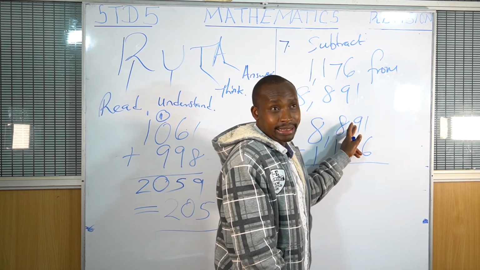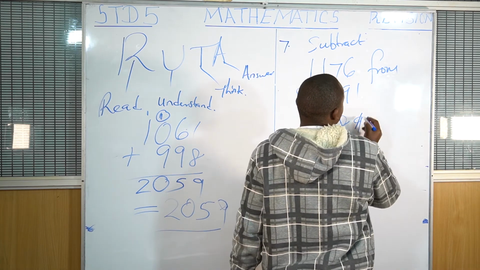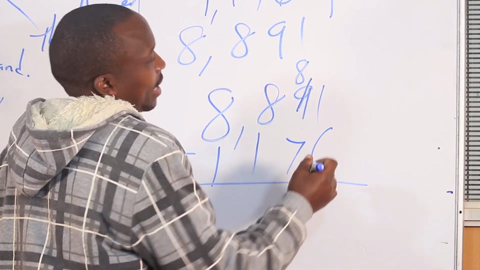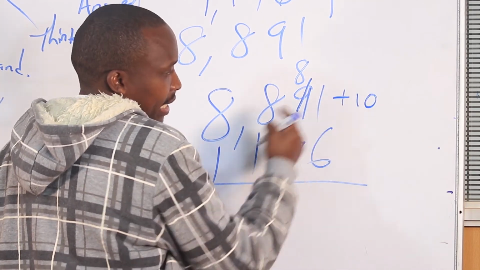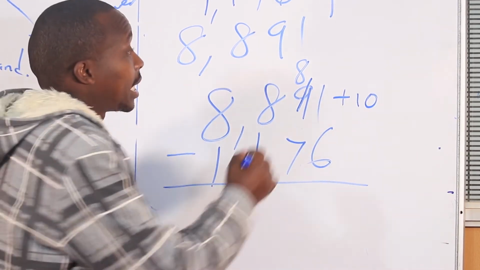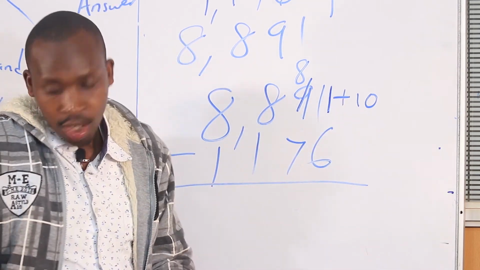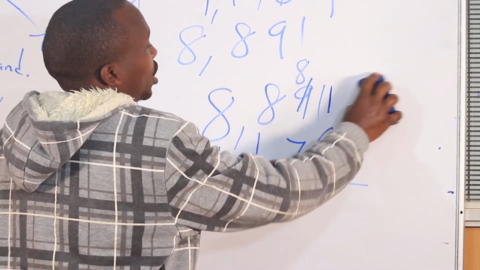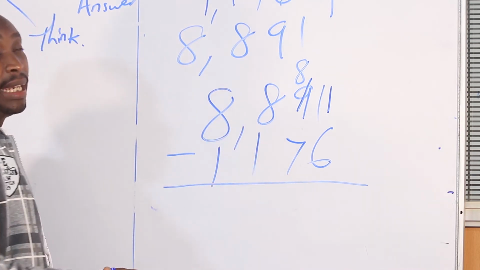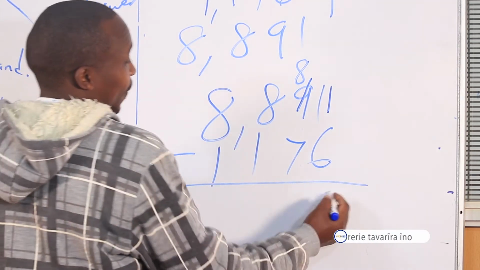So after borrowing 10, the 1 here becomes 11. What is 11 minus 6? 5.